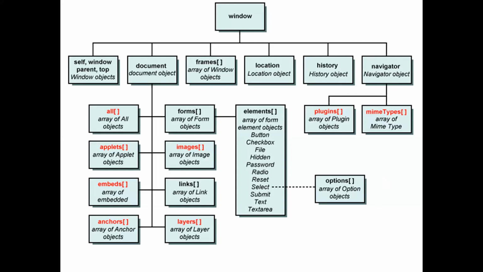I already explained the process. You write markup. Markup is converted into bytes. Bytes are converted into characters. Characters are converted into tokens. Tokens are converted into elements. Elements are arranged in this hierarchy.